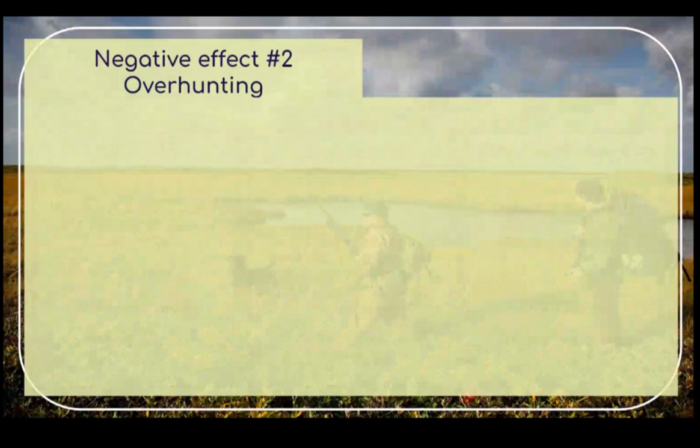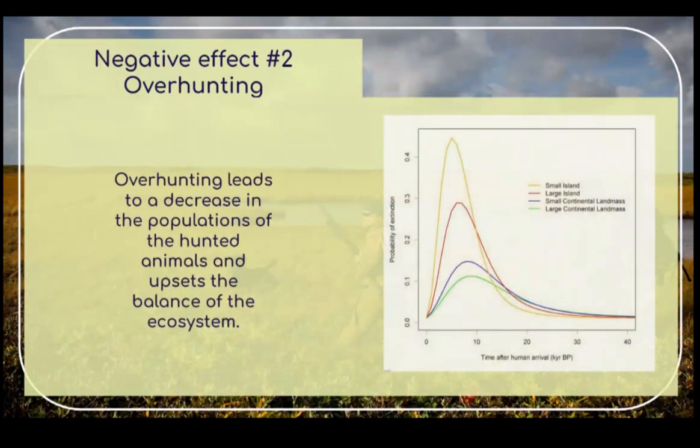Overhunting of wild animals for food, pet trade, and for ornaments leads to decreased populations of the hunted animals. This causes animals to become endangered or extinct and upsets the balance of the ecosystem.